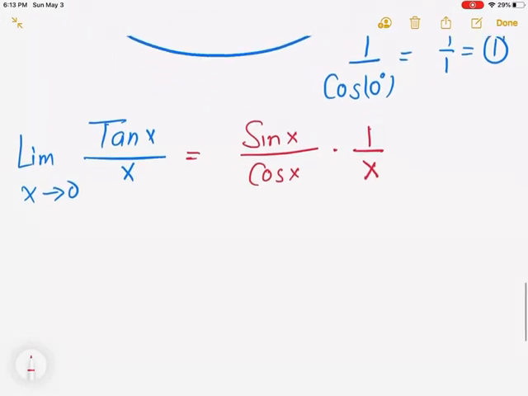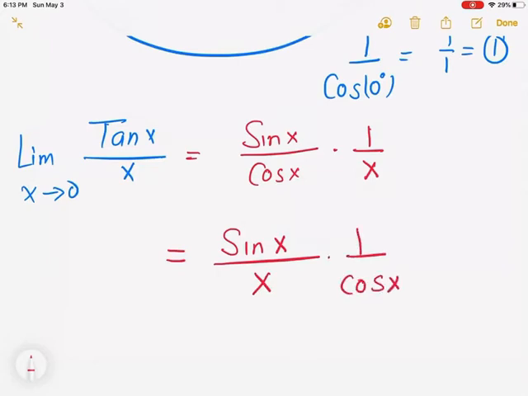Now, what I see is, I know sine x over x is equal to 1, right? But this is not the way it should look. I could actually rewrite this so that I can apply the pattern. So let's play with this equation. How about if I write this equation like this? Isn't it still going to be the same thing?